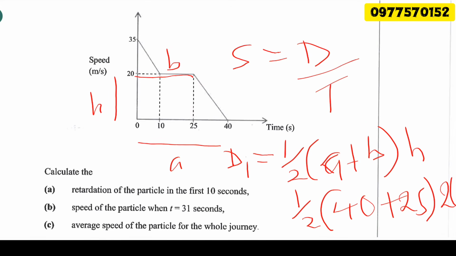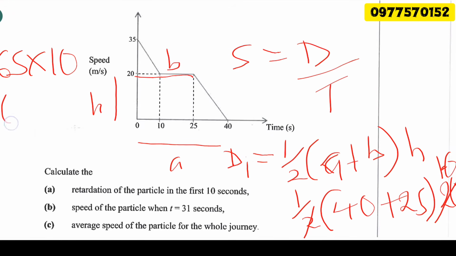Alright, so half of 20 is 10, then 40 plus 25 is 65. So we have 65 times 10, because we are multiplying with this 10 here.